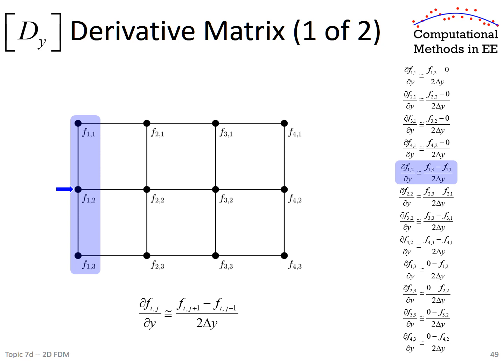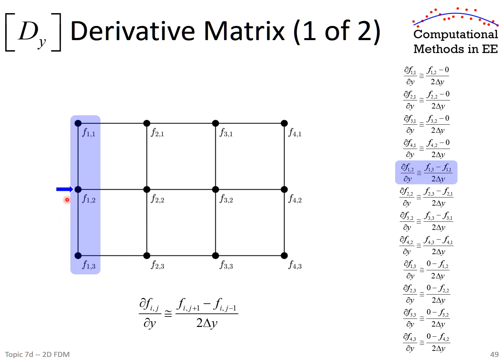So similar to the x derivative matrices, we're rastering through our grid, writing the finite differences in the same order that we did before. It's just that the finite difference equations are different. They're reaching to different points in the grid. So here we are writing the finite difference equation for point F12, and that answer is F13 minus F11 divided by the grid spacing.